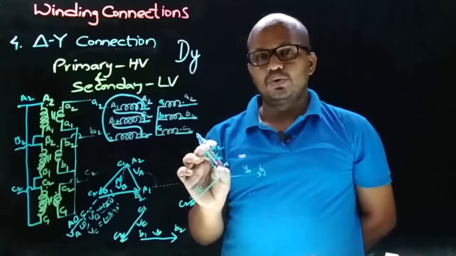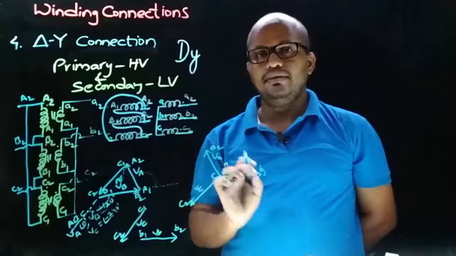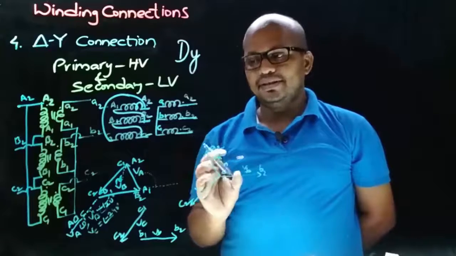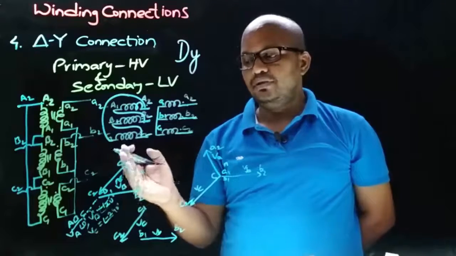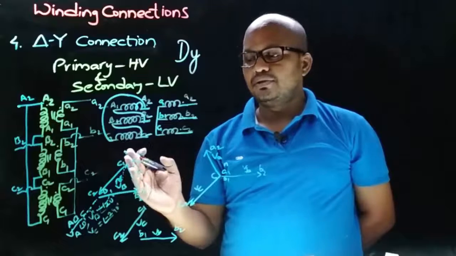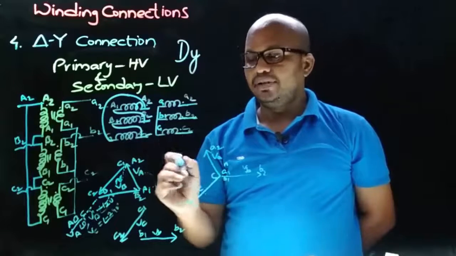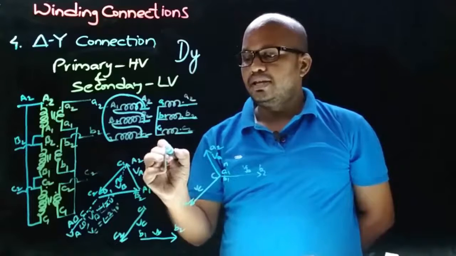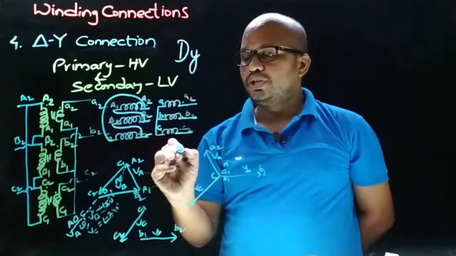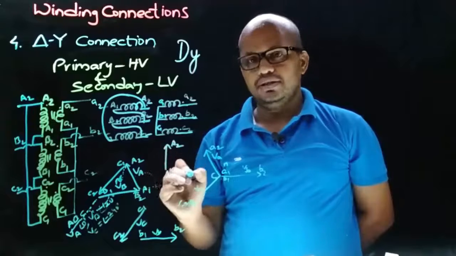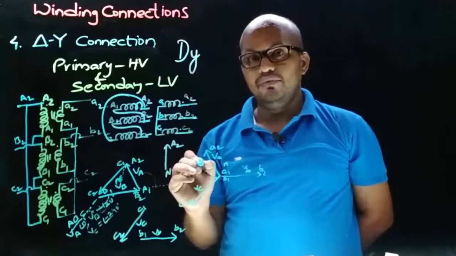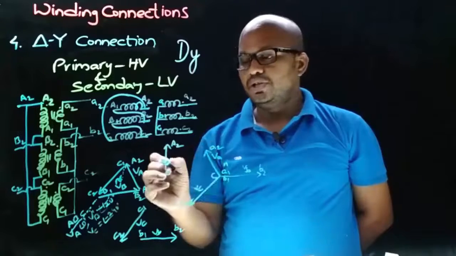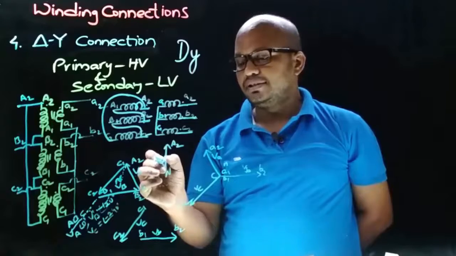Now superimpose this diagram on this diagram and observe the phase to neutral voltages of HV winding and LV winding. So if you superimpose, then the HV winding phase to neutral voltage will look like this, and the LV winding phase to neutral voltage will be like this.